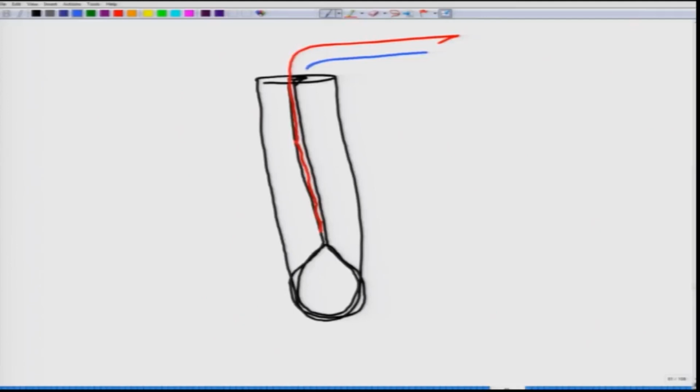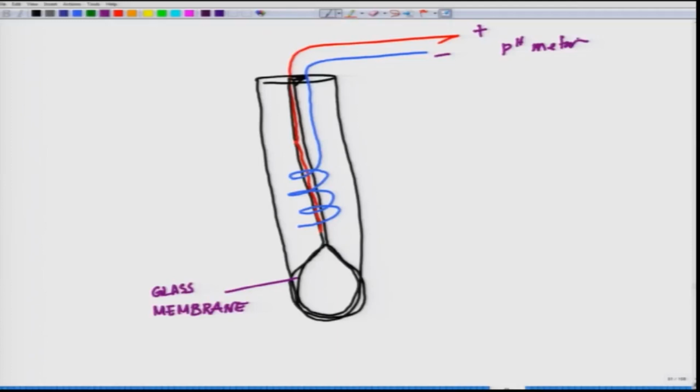Now, this is the glass membrane, this is the positive lead, this is the negative lead, which leads to the pH meter, and here is the air inlet, this is the aqueous filling solution.